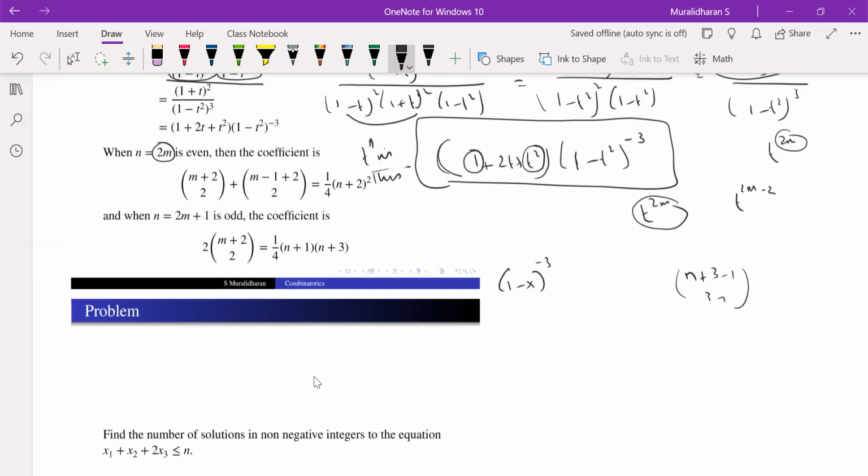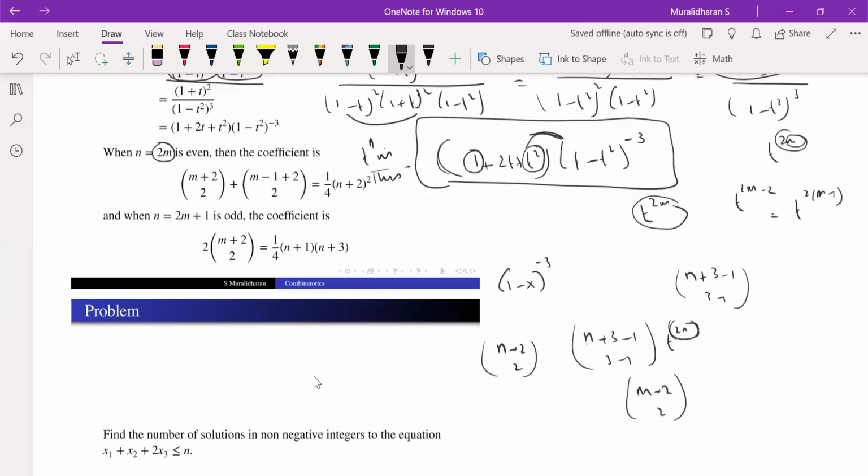Right? So here it is n plus 3 minus 1 c 3 minus 1 for t power 2n. So the coefficient of t power 2n will be n plus 3 minus 1 c 3 minus 1. That is n plus 2 c 2. That means the coefficient of t power 2m is m plus 2 c 2, plus this one multiplied by t power 2m. This is the same as t power 2 into m minus 1.